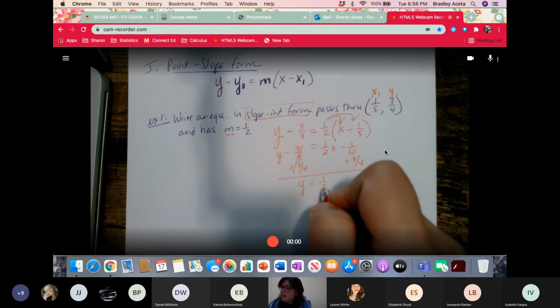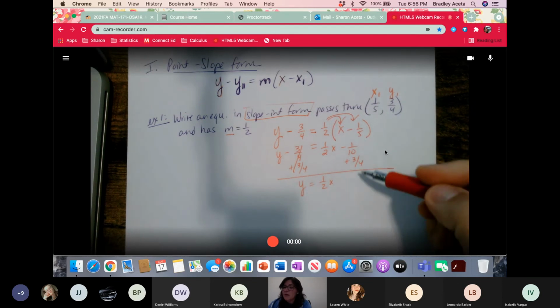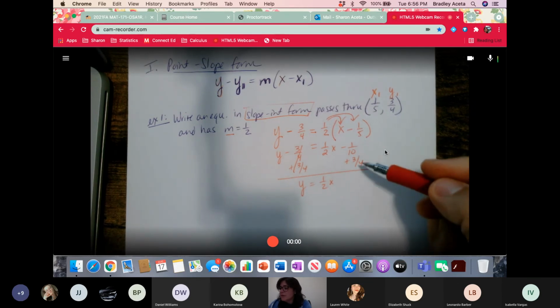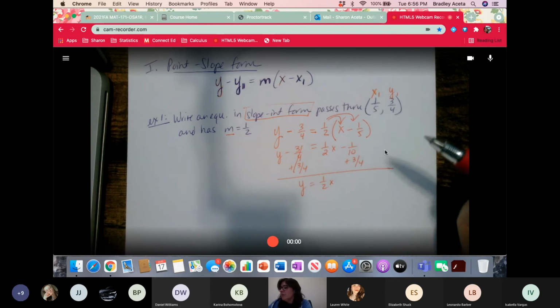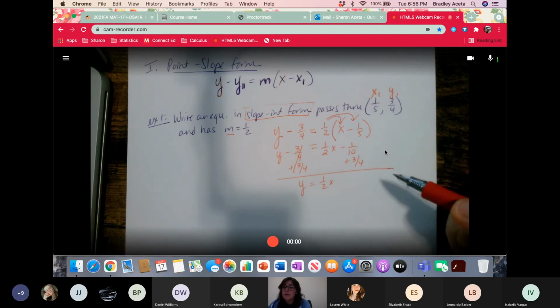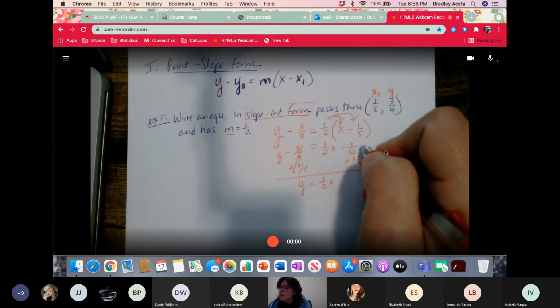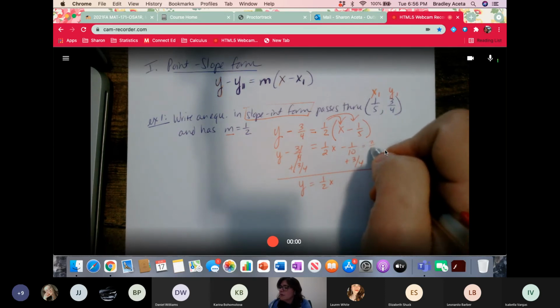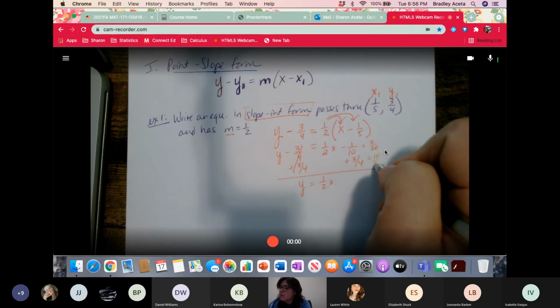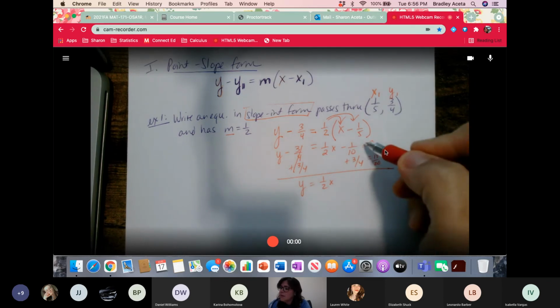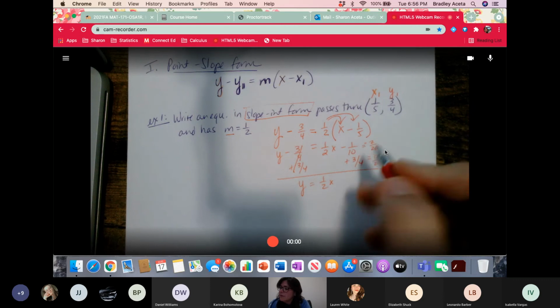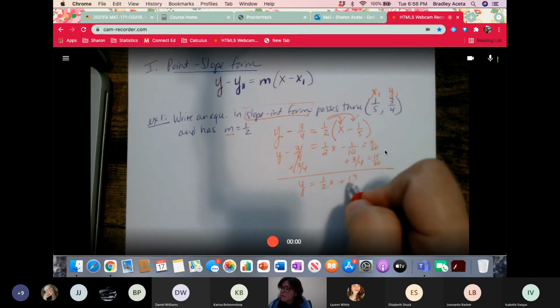So y equals 1/2 x. And I'm sure you're not a fan of fractions. It's not that hard. You're trying to get them to have a common denominator. They both could be turned into a common denominator of 20. So this would be, what, 2/20ths? And this one would be 15/20ths. And this is actually a negative. So you would have 13/20ths.